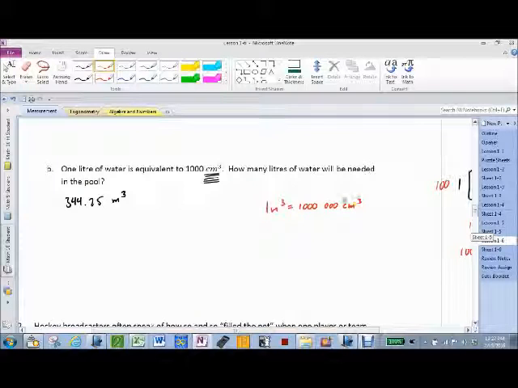Do I want centimeters or do I want meters? I want centimeters. So what goes on top? Centimeters. So 1,000,000, correct? And what goes on the bottom? 1. The 1 disappears. So I got 344.25 times 1,000,000. I can do that in my head, can't I?